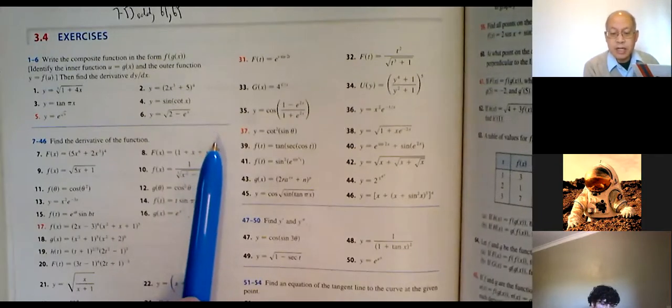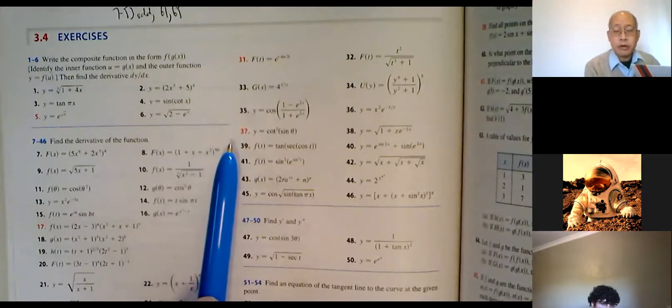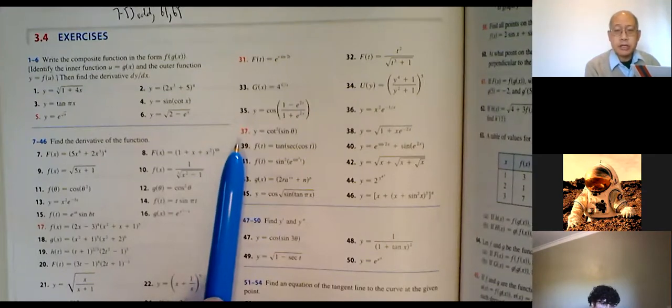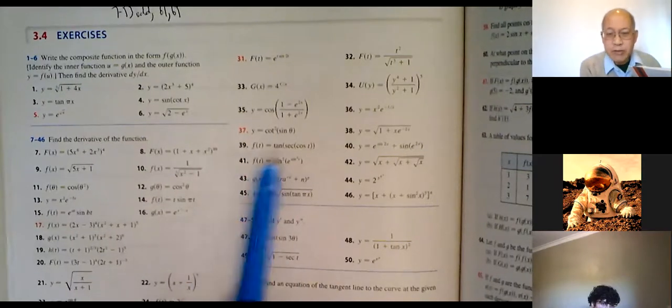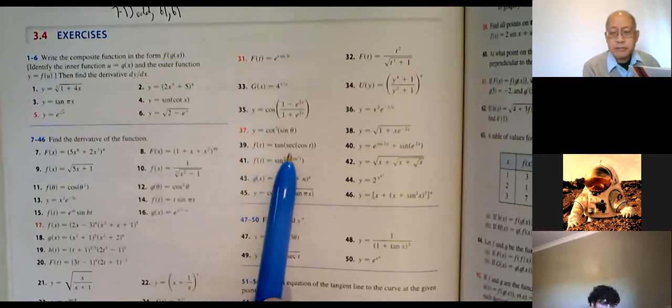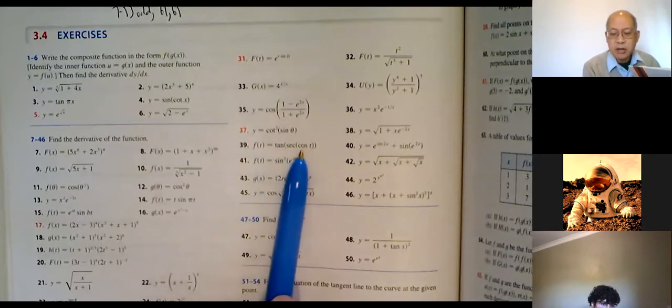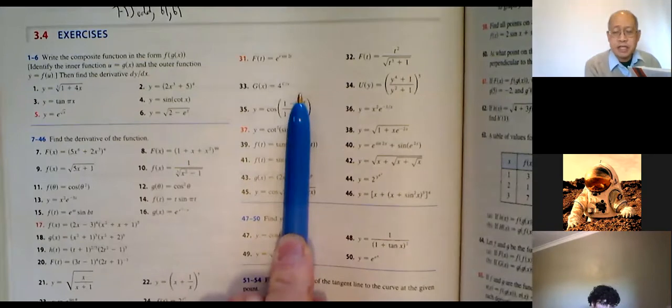Okay, the other thing I want to mention is you might have to go more than 2 deep for your composition of functions. Right now, we've just considered f of g of x. Okay, we might have several layers. Let's look at 39. There are 3 levels here: tan, secant, cosine. I'll show you that tomorrow. But first you say, okay, the outside function is a tangent.